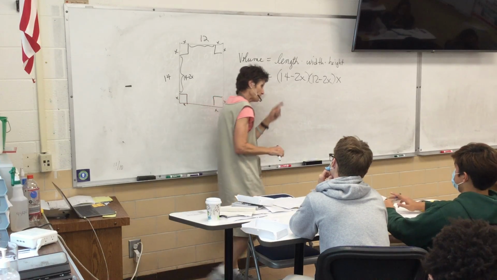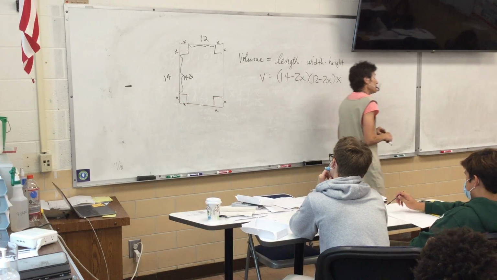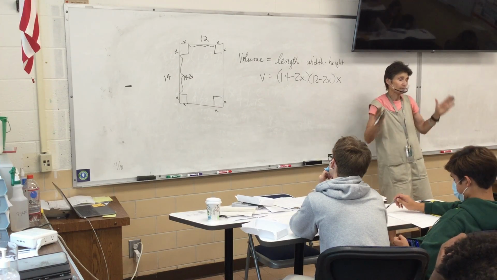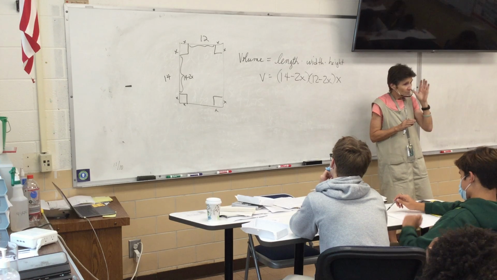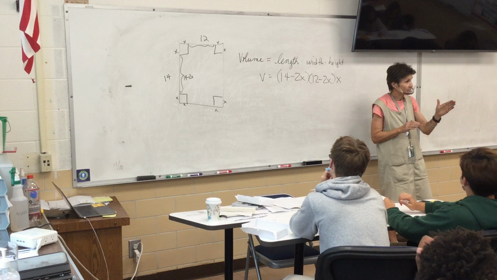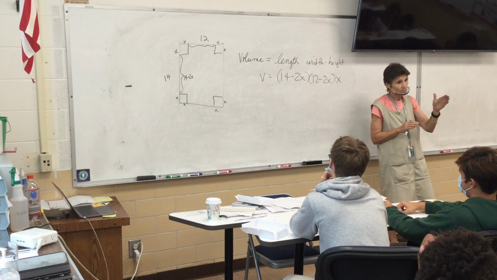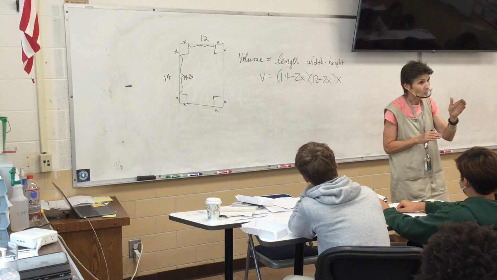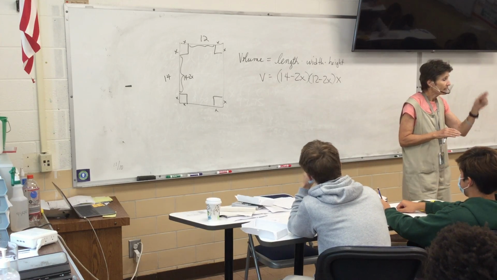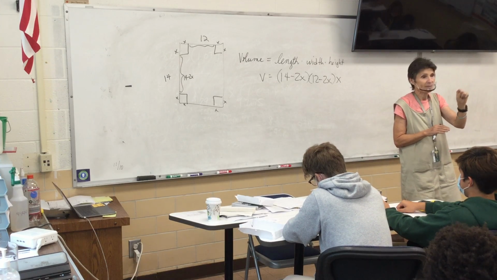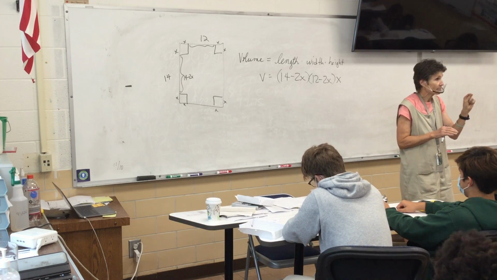Now, I want you to put a star by that, because even if you do not understand a thing about what I'm talking about, you're going to do a box problem. I guarantee it's on the test. I guarantee it's on the semester exam. Every single one of them is set up exactly the same way. This one is 14 minus 2x, 12 minus 2x times x.